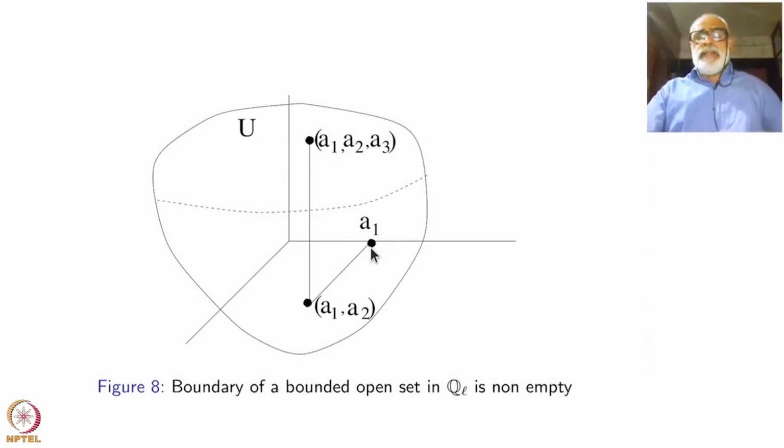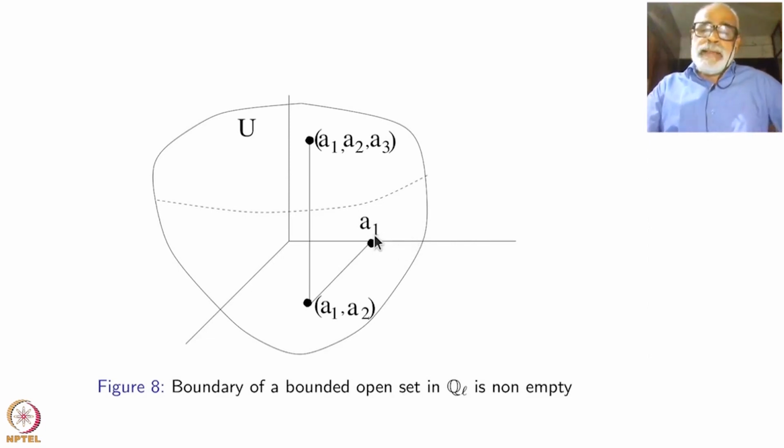Be sure, in the inductive process, that this a1 is not far away from the complement of U. That means the distance between a1 and the complement, which is a closed set, is less than 1.